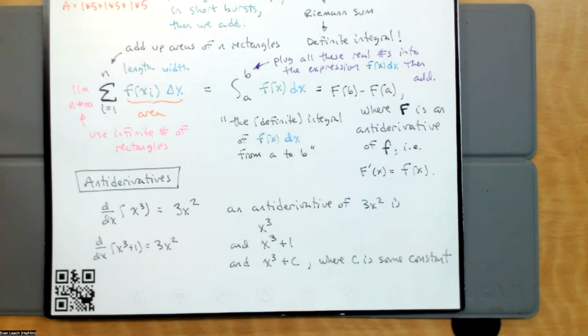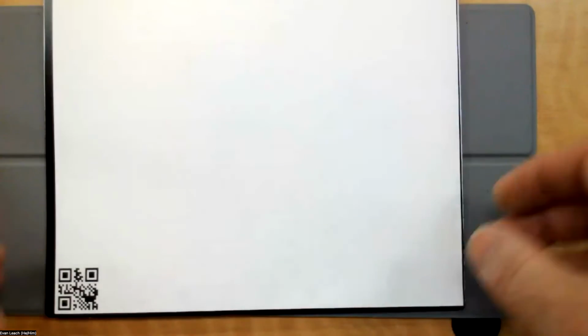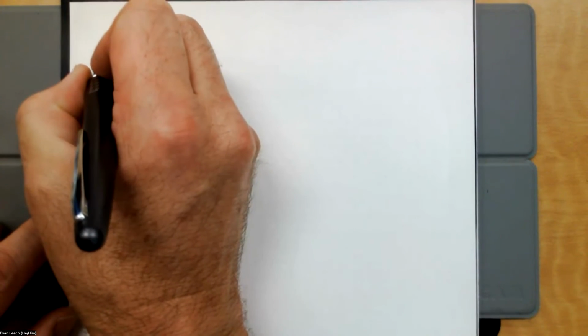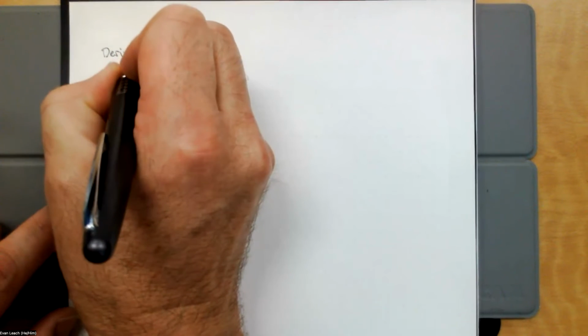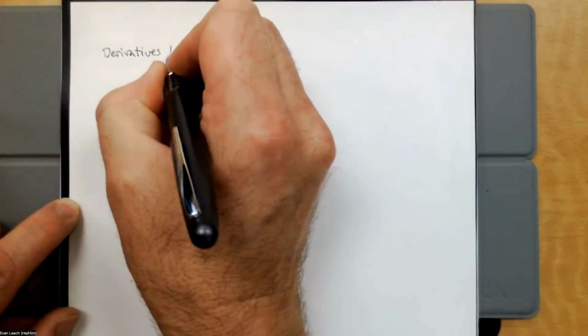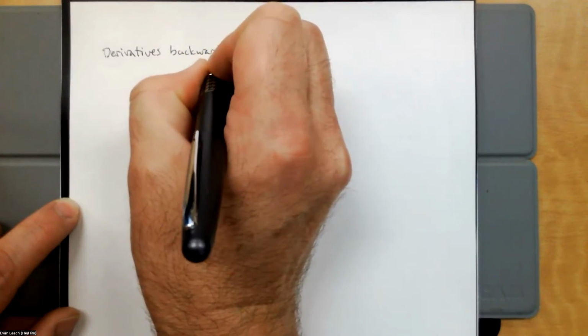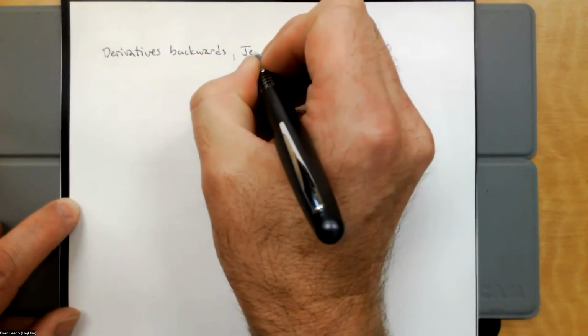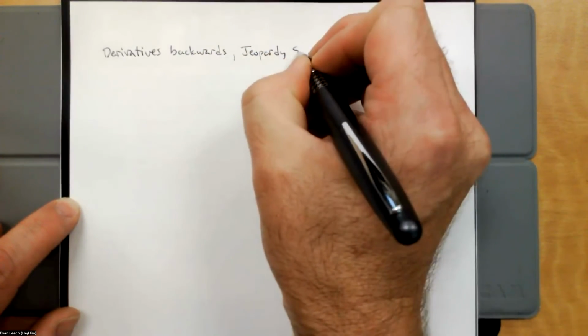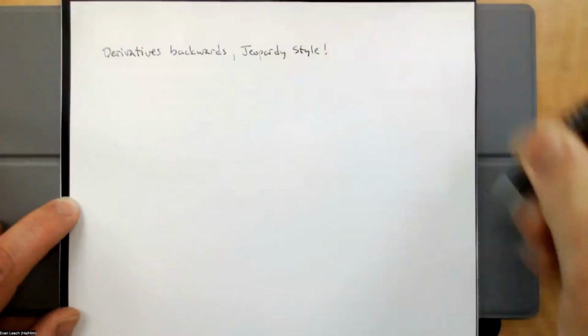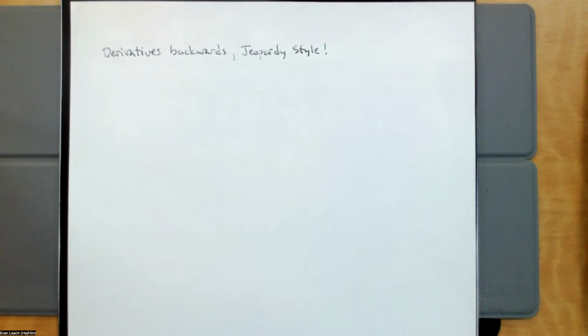We're just going to do our derivative stuff backwards. We're just playing the derivative game Jeopardy style. So instead of giving you a function and asking you for the derivative, I give you the derivative and ask you for the function.